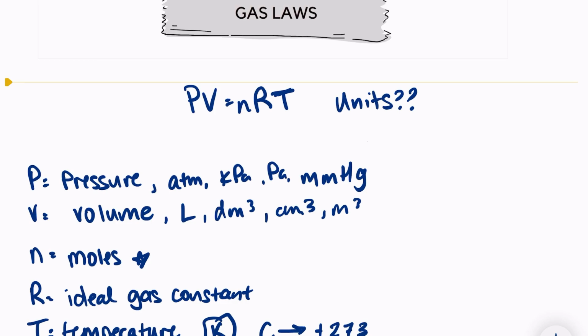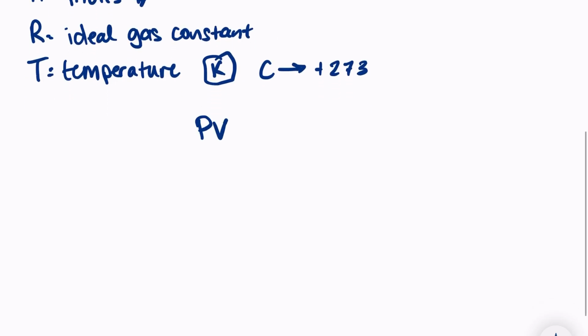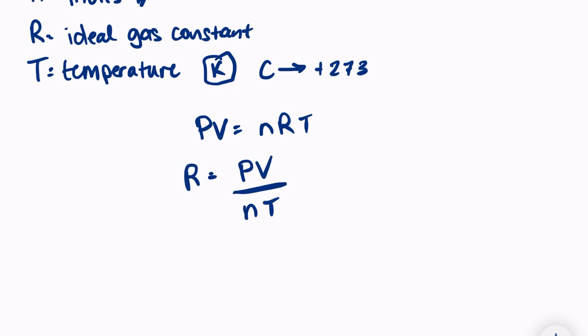But how do we decide which units for pressure and volume we use in the ideal gas law? And the answer is in the ideal gas constant. If we rearrange our formula, PV equals nRT, to solve for the ideal gas constant, R is equal to PV over nT.